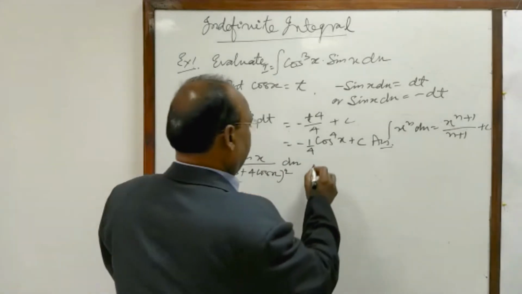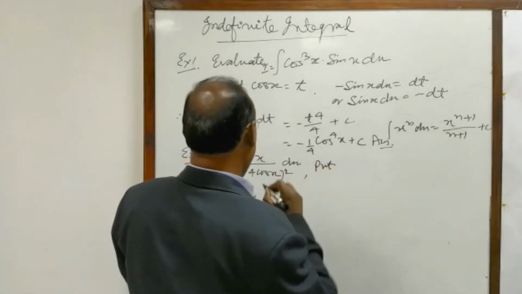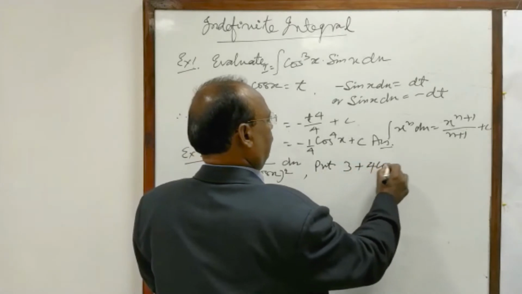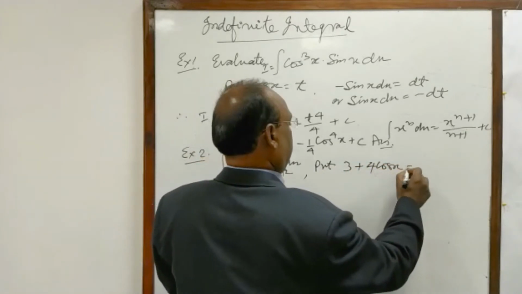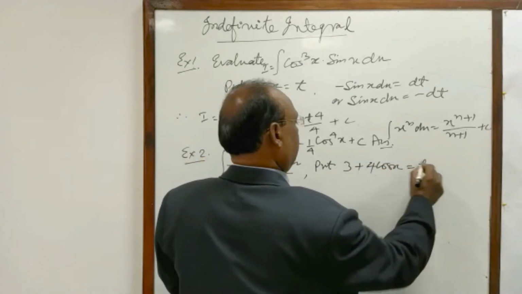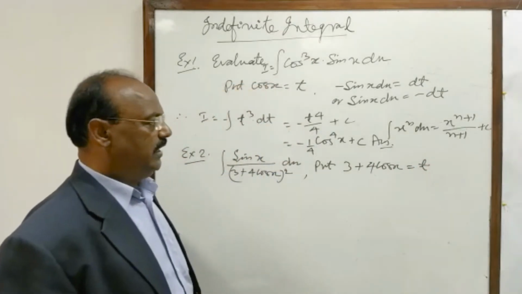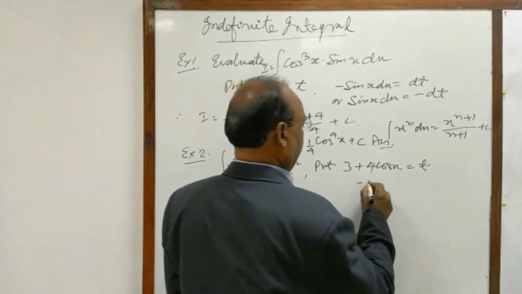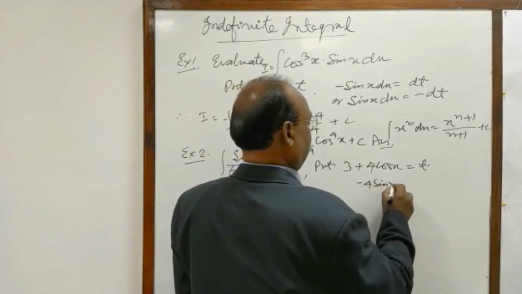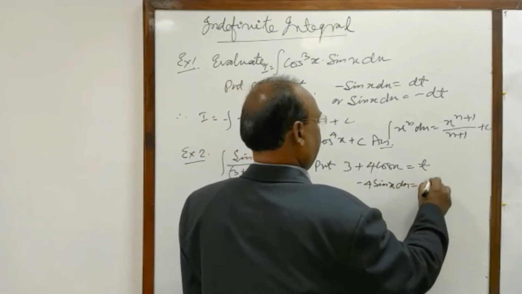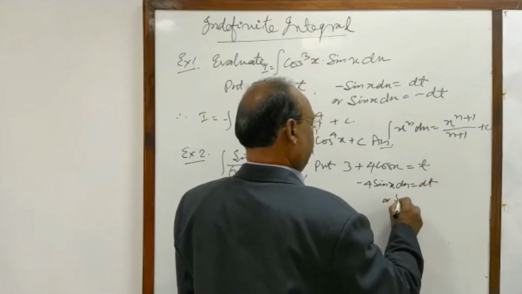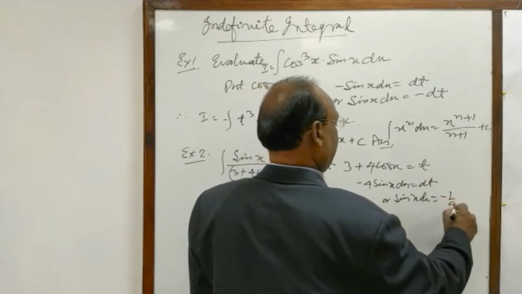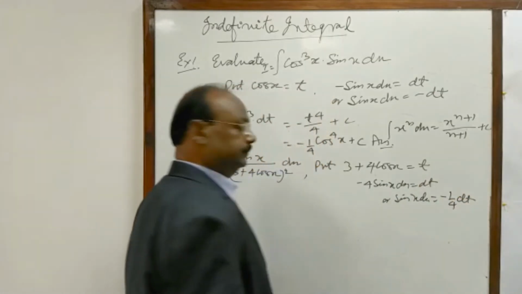So we will put 3 plus 4 cos x is equal to t, so that after differentiating both sides we will get minus 4 sin x dx is equal to dt, or we can write sin x dx is equal to minus 1 by 4 dt.